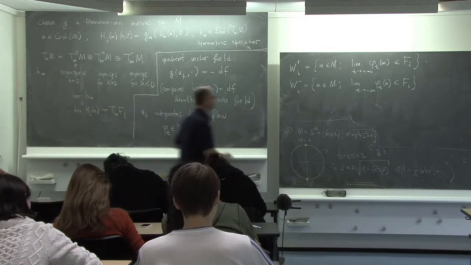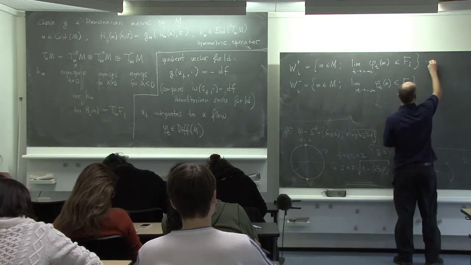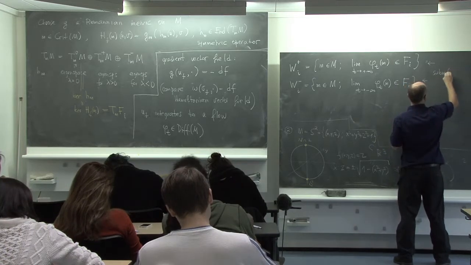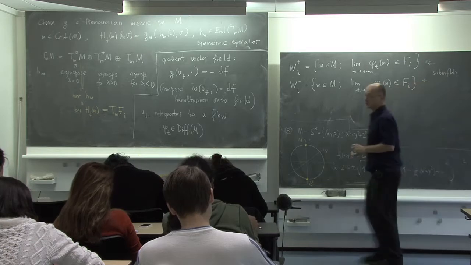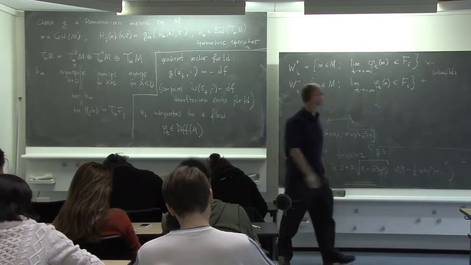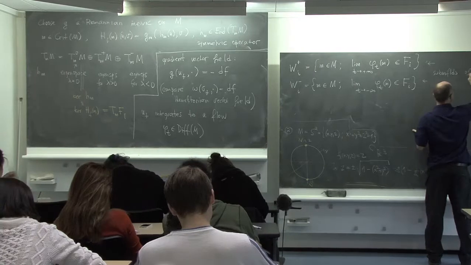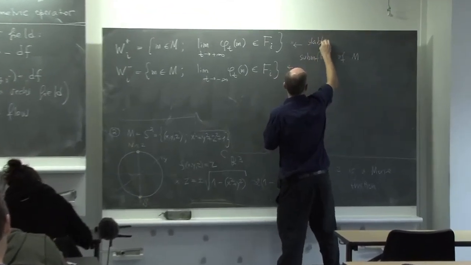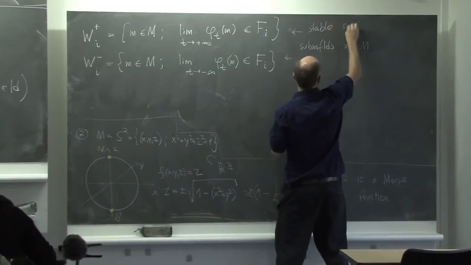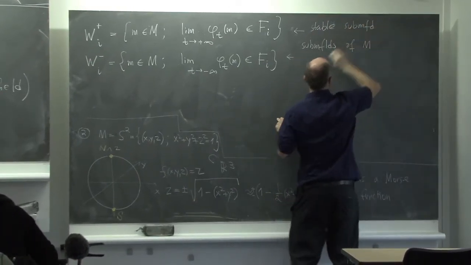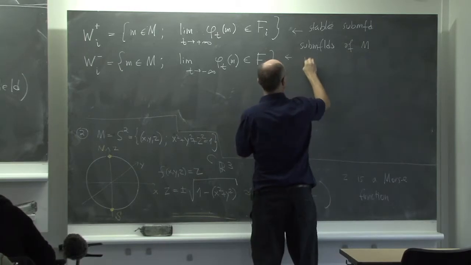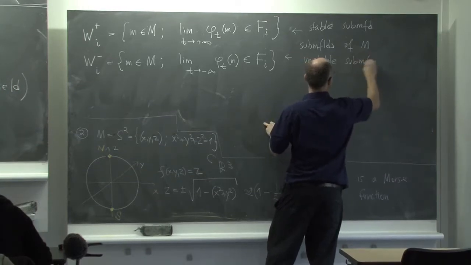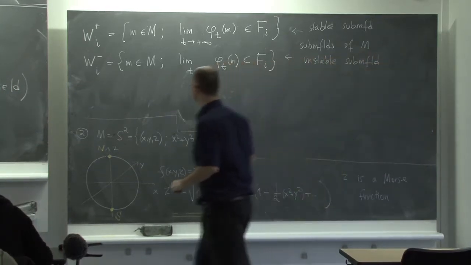So the facts are that these are actually submanifolds of M. So those stable and unstable sets. So this is called the stable submanifold, and this is called the unstable submanifold.